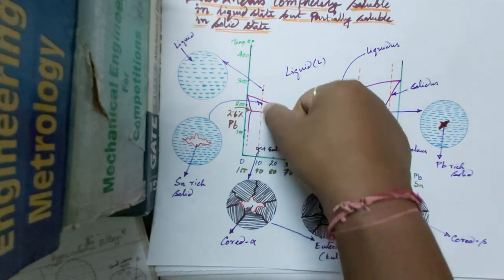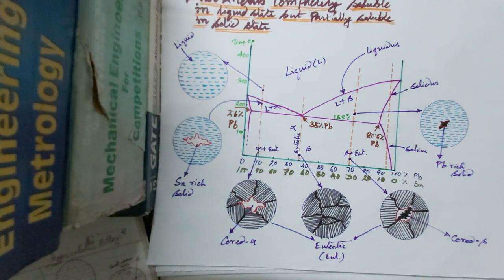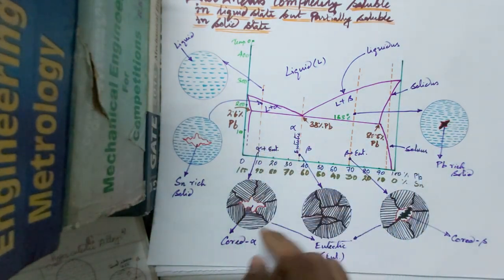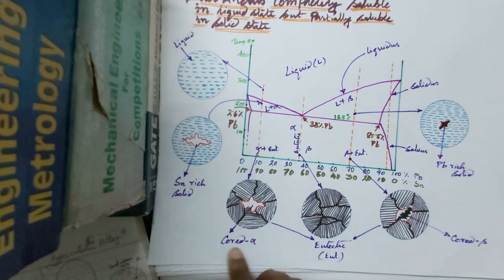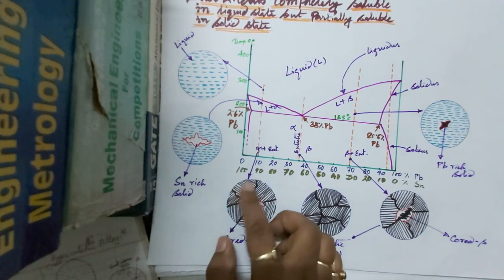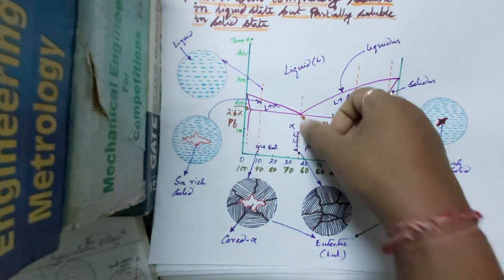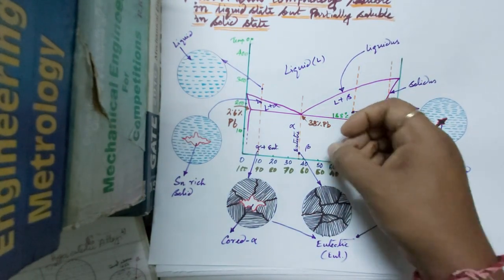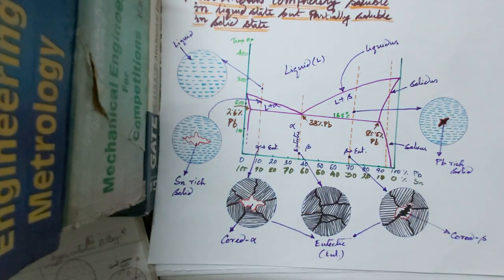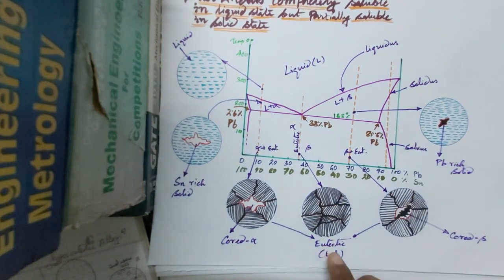So if we take this hypereutectic region, we have some more amount of alpha phase. That's why this core is alpha core, and the remaining is eutectic, alpha plus beta. So at eutectic we have both alpha plus beta, which consists of 38% of Pb and 62% of Sn. So this is the solid structure of the eutectic region.